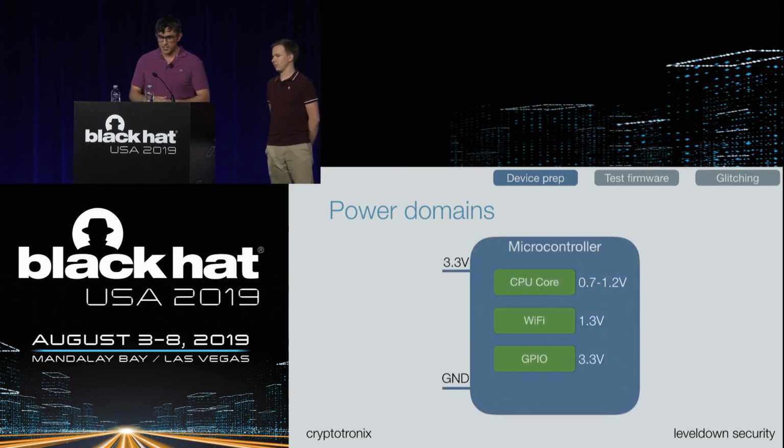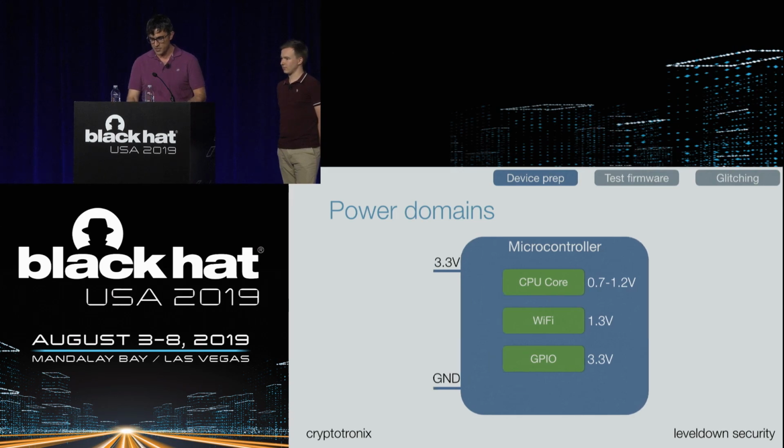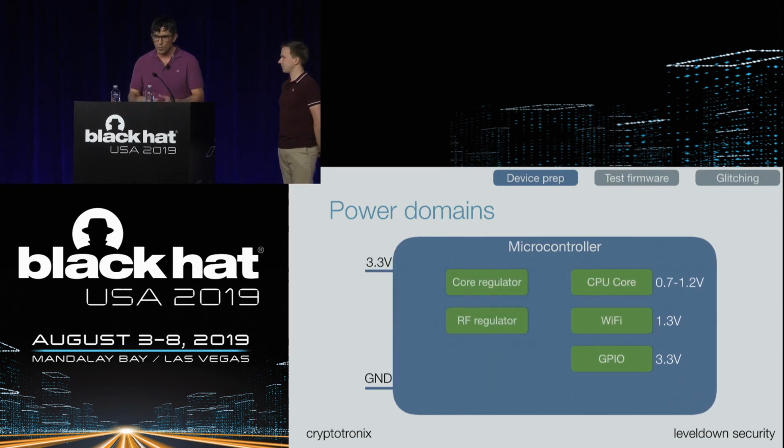So let's make block diagrams, because block diagrams are fun. And so let's take the microcontroller, and we were kind of using this example of a CPU core, Wi-Fi IP block, and GPIO. We have these 3 voltages. In this hypothetical example, right now they're being fed by 3.3, but internally they're doing different things. And that makes a difference because, well, internally we may want to be glitching different parts of the logic.